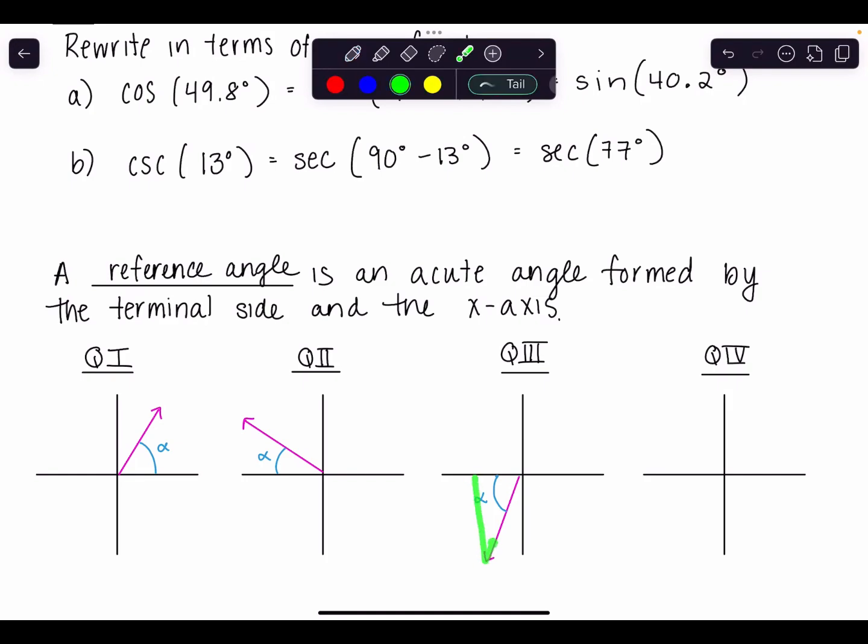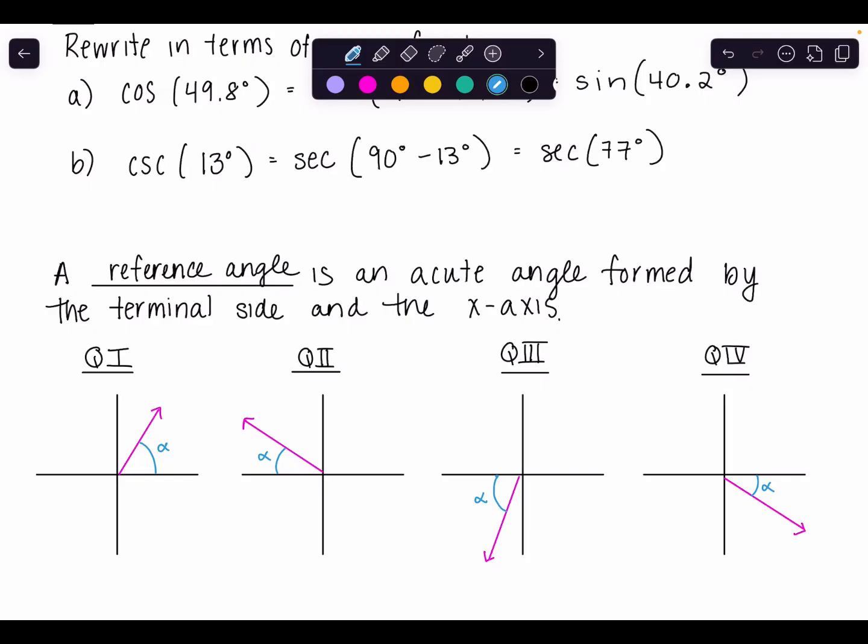So that's going to be how we create our right triangle to figure out sine, cosine, tangent of whatever angle this is where the terminal side lies. And finally, if you are in quadrant 4, maybe it looks something like this. Your reference angle is this one right here, okay?